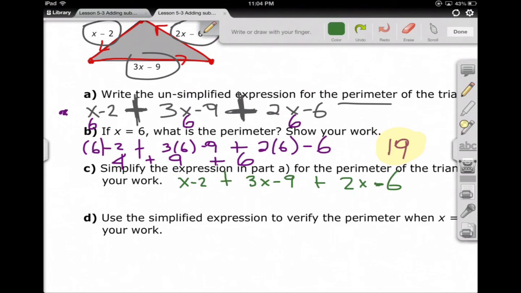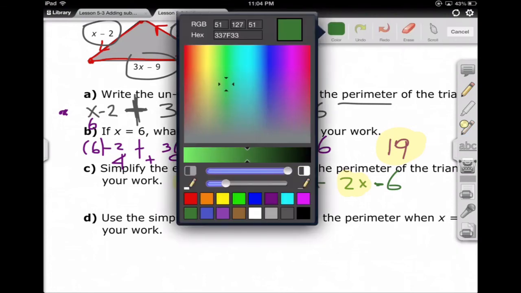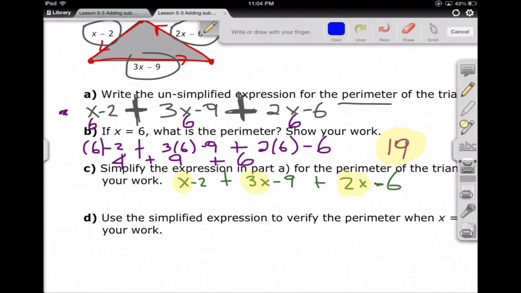Well, I can see that we have 1 there, 3 there, and 2 there. So if you combine their coefficients, you've got a total of 6x, and the constants, that's minus 11, right? And that's minus 17. So another way of saying the perimeter of that triangle, if you add up all the sides, this would be your expression.